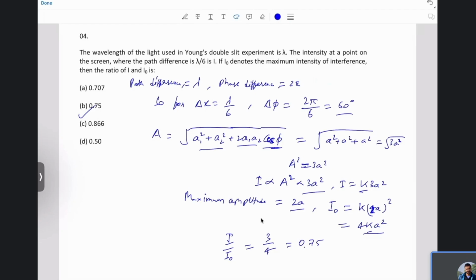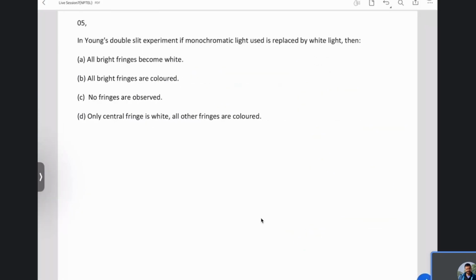So this was a simple problem. You just have to know how to convert the path difference into phase difference, and how to calculate the resultant amplitude. Next up we have another question on Young's double slit experiment.